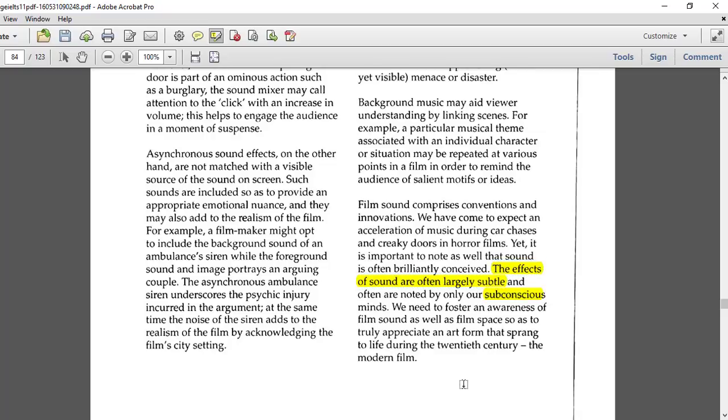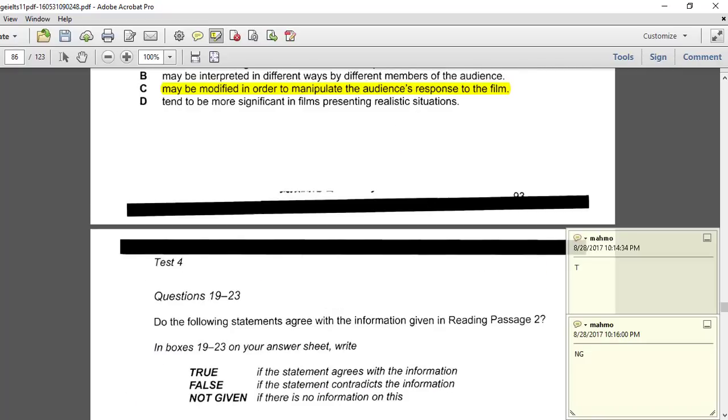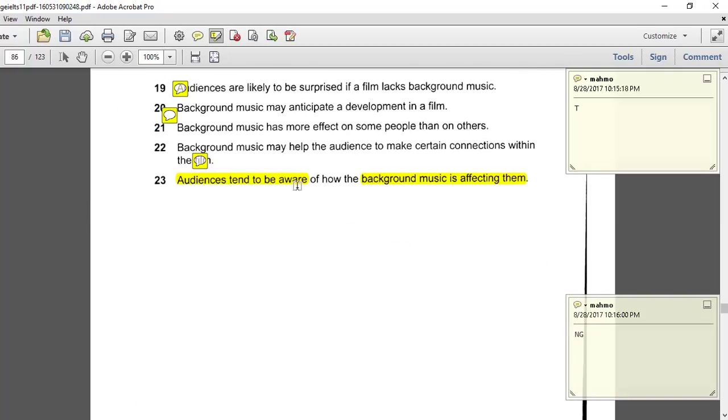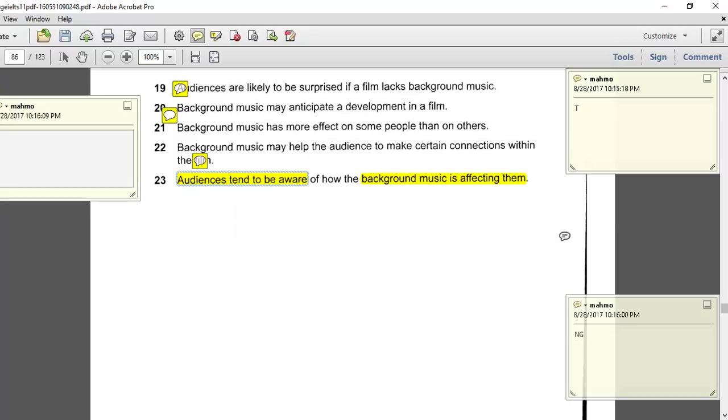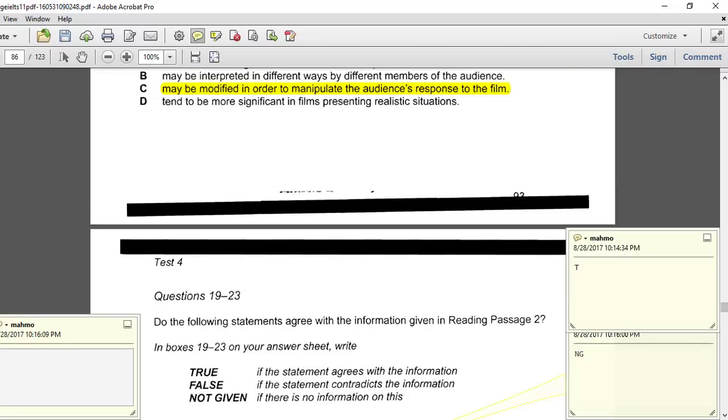So we are not aware of it. It's subconscious, not conscious, unaware. Let's get back to the question. It says audiences tend to be aware. No, because it's in the subconscious. No, it's subtle and in the subconscious. So the answer here is false. Okay, false.